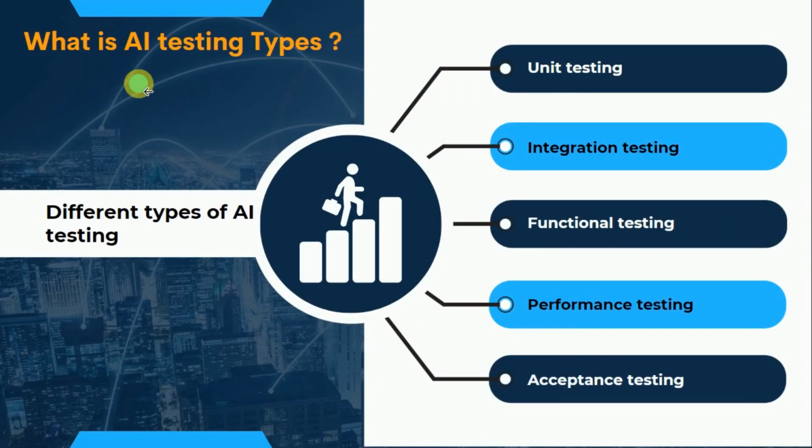Now let's understand the types of the AI testing. Okay, so there are different types of the AI testing available. So first, it's unit testing. I know you already know the unit testing when you are learning the manual testing in the software engineering. Same testing we can perform here, but the module will be different.